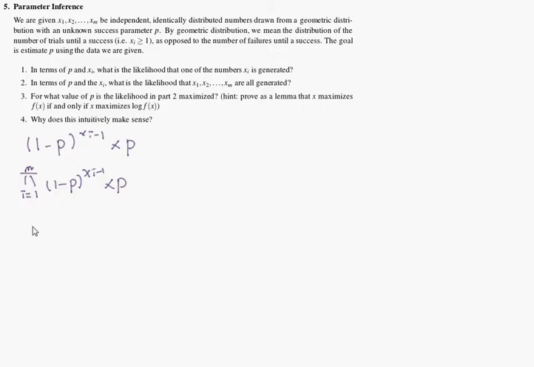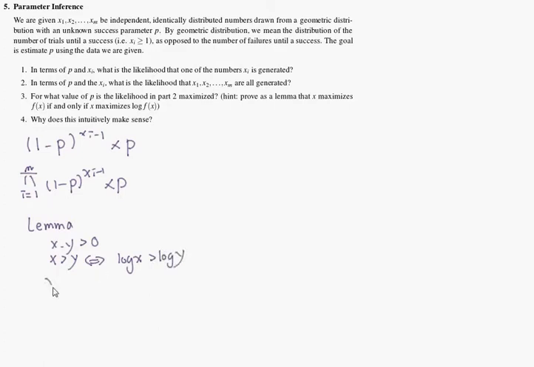And before we solve the third part, let's consider a lemma first. The lemma is, we assume that x, y are larger than 0, and we know that x is greater than y if and only if log x is greater than log y.